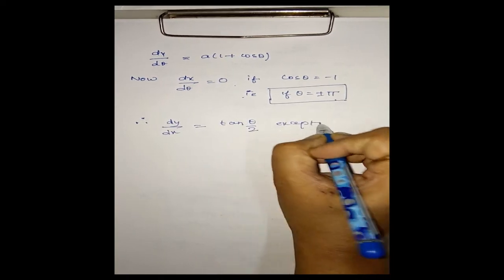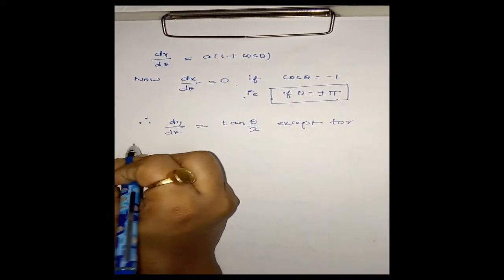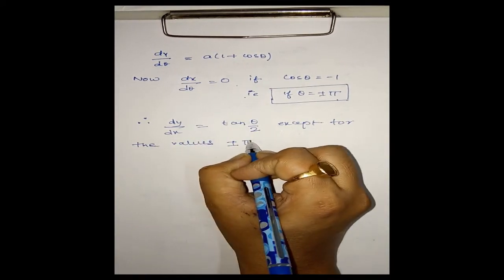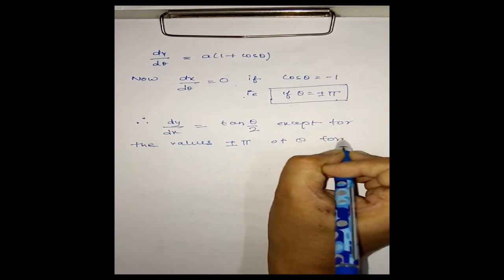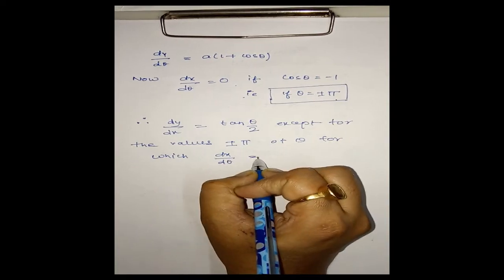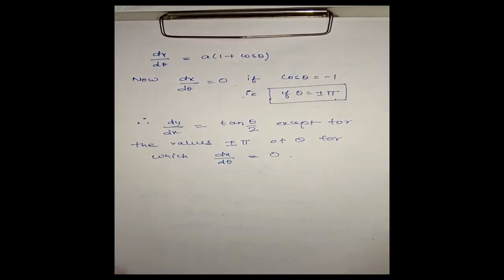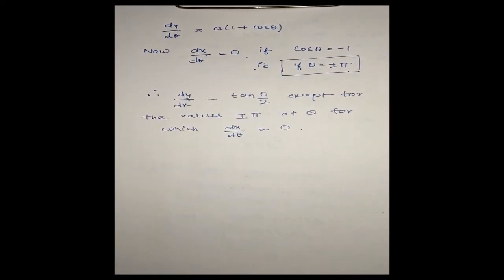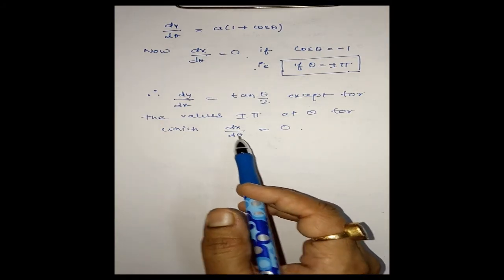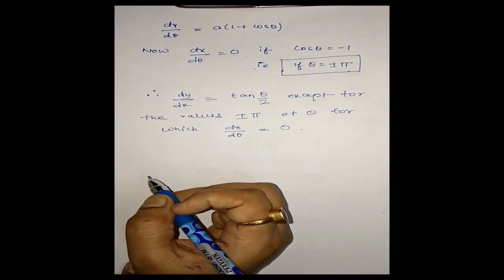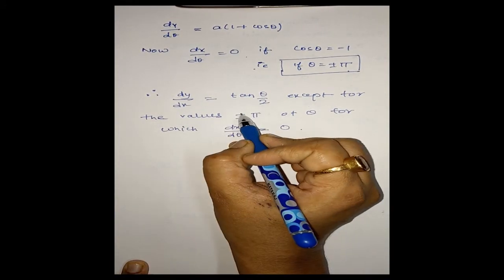except for the values theta equal to plus or minus pi, for which dx/d theta is equal to 0. Now we have to find the points where the tangent is parallel to the x-axis and where it is parallel to the y-axis. At the point when dx/d theta is 0, dy/dx is not defined.